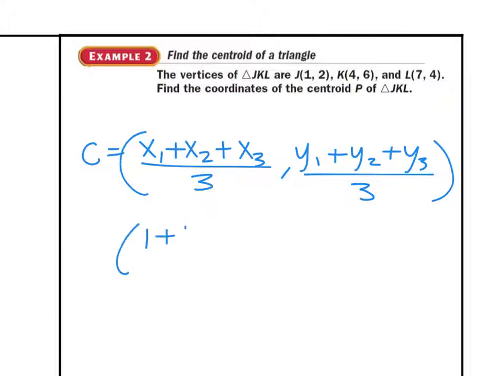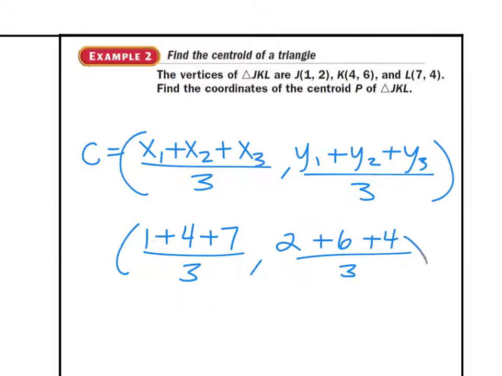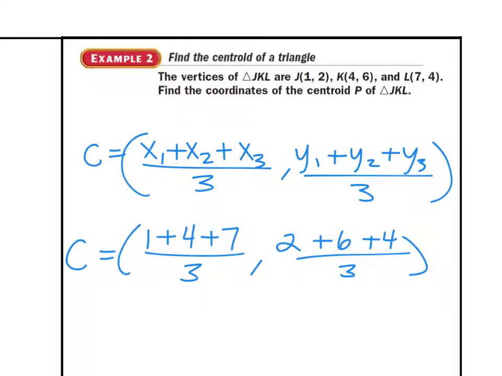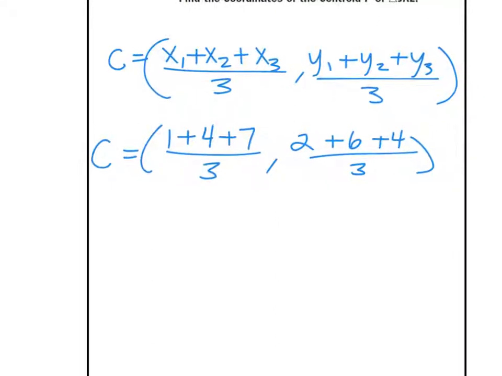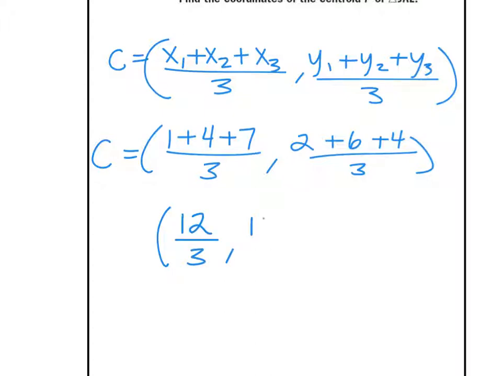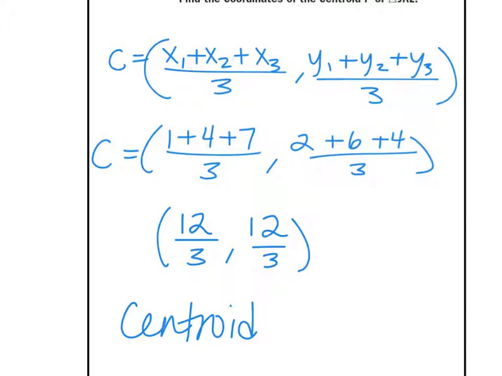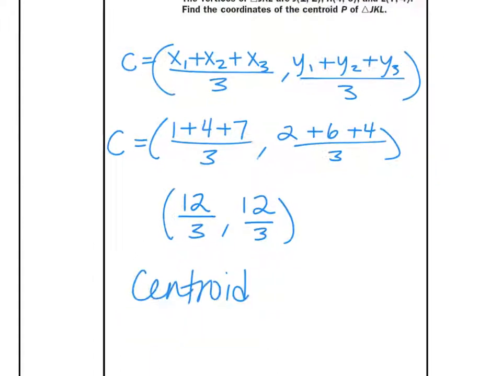X values are 1 plus 4 plus 7. Divide that by 3. Y values are 2, 6, and 4. Divide that by 3 to get your centroid, which is basically the midpoint between all 3 vertices. That would give me 12 divided by 3 and 12 divided by 3. So where is my centroid, guys? 4, 4.